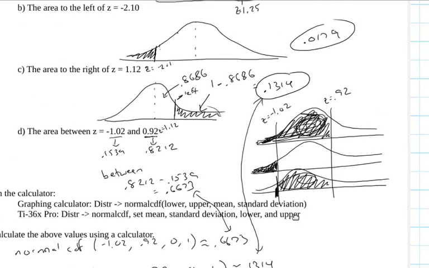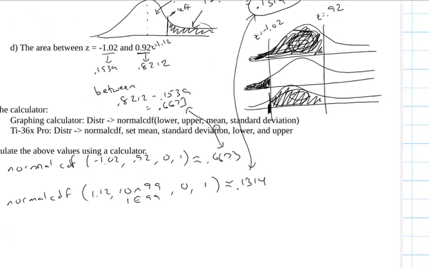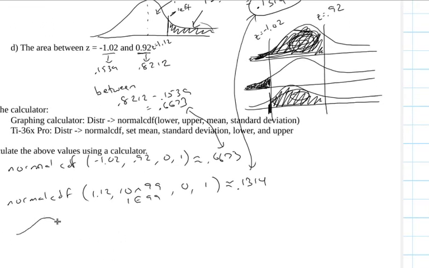All right. The area to the left of negative 2.1. We're finding the area to the left, which means negative 2.1 is the right bound, or the upper bound if we're going to enter it into our calculator. So we'll do normal CDF. Negative 10 to the 99th, or negative 1e99 if you want to enter it manually that way.